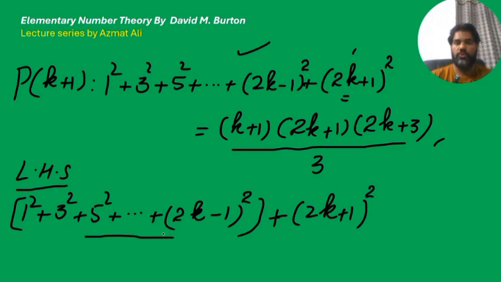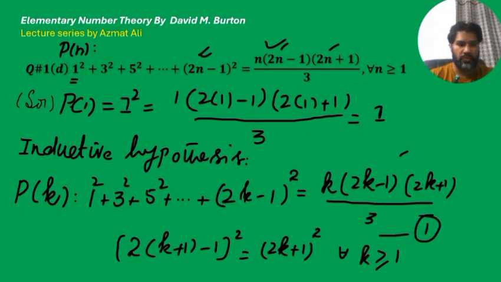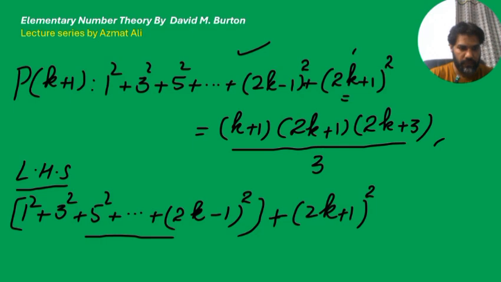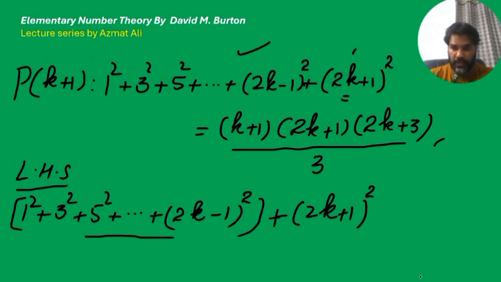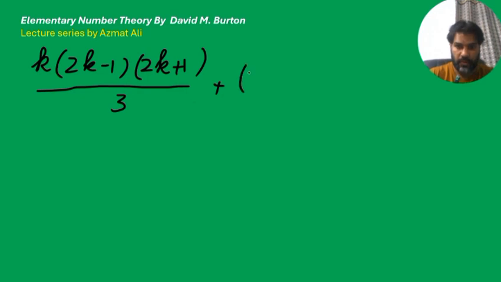By using equation 1, this sum is equal to k into (2k minus 1) into (2k plus 1) over 3 plus (2k plus 1) whole square.